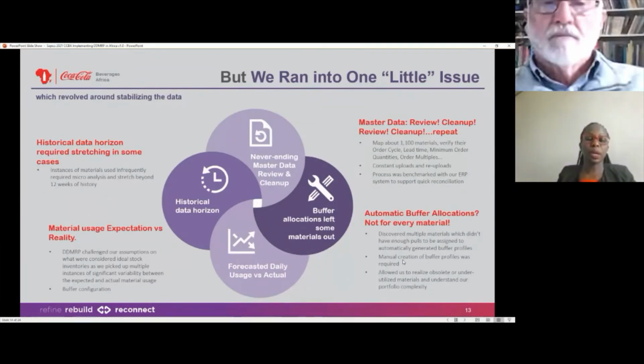The tool challenged us on the assumption, because initially with the planning that we had, we thought we were on a good track, but we realized that with the DDMRP tool, the inventories that we were keeping were much more than what is recommended based on the buffer profiles that were allocated to those particular materials, and that we had to rework to be able to buffer those configurations specific to those materials in terms of their lead times.